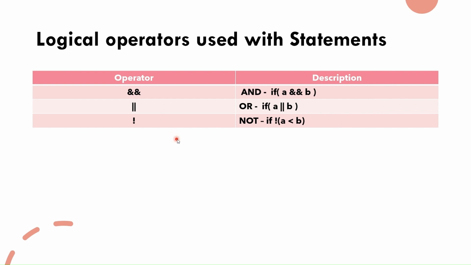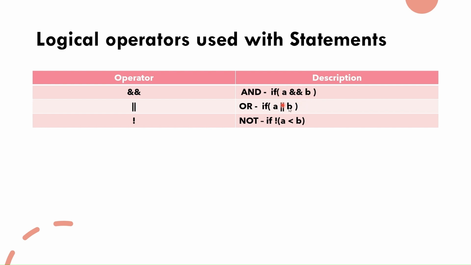We have another type of operators which are logical operators used with the statements. The double and, which is and, will be if A and B. If we have condition A and condition B, and they are true, then the if will execute.